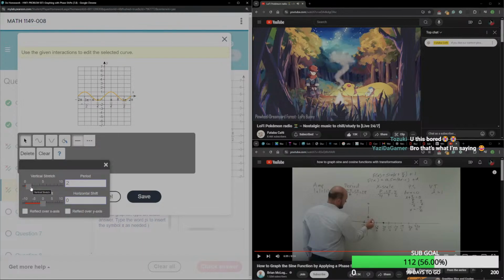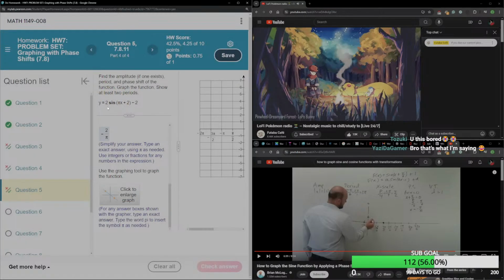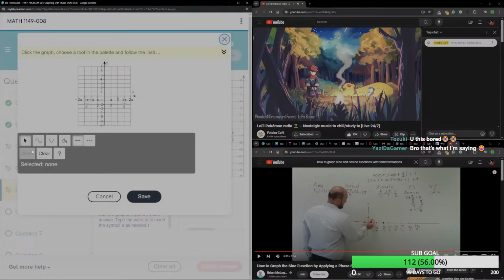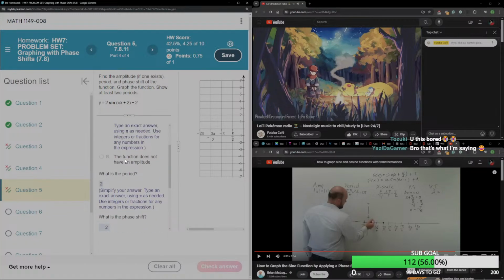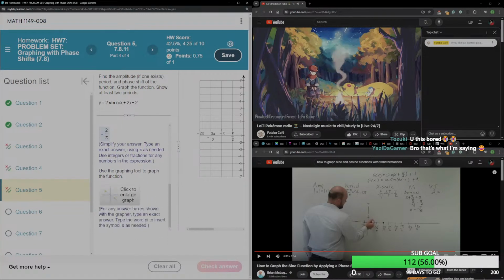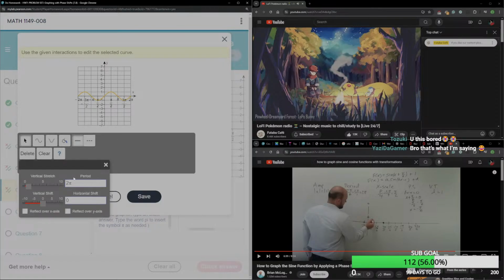Let's see, start with vertical stretch of 2, I think. Yes. Period. I was looking, 2 as well. 2, 2. Vertical shift down 4 units.